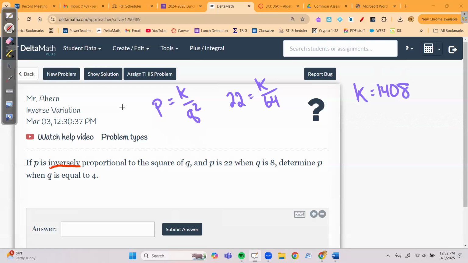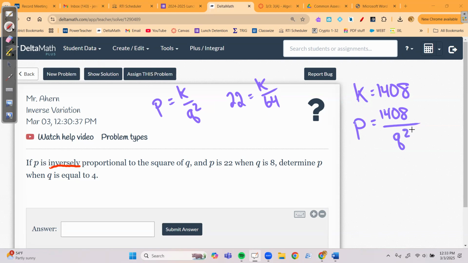So that means that our equation looks like this. I'm going to write P equals 1,408 divided by Q squared like this.